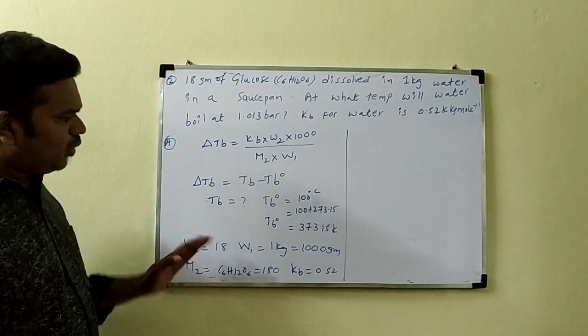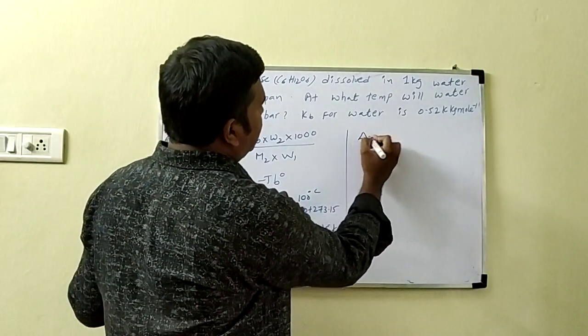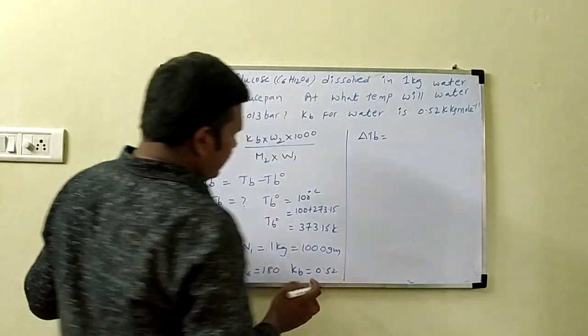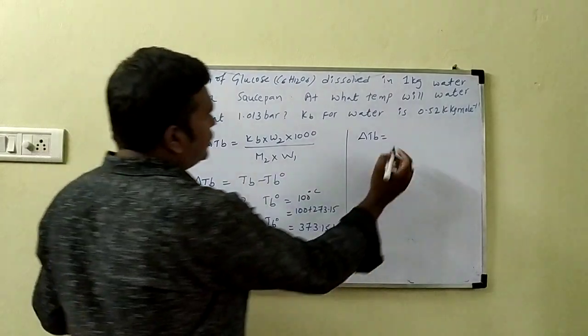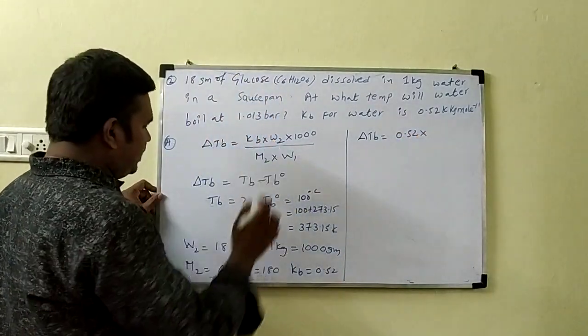First we want to substitute all the values in this formula. I am taking delta TB directly. Delta TB is equal to, the value of Kb is 0.52.